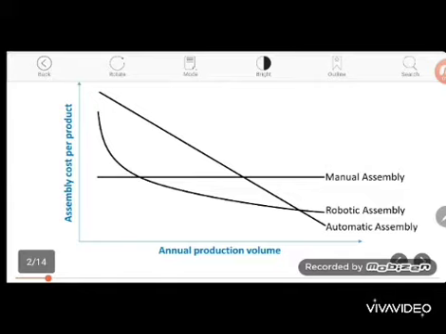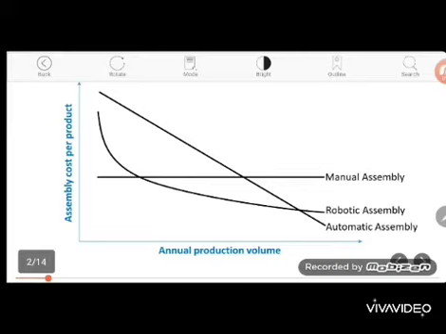What we can see from here is usually automatic assembly is applied when the assembly cost per product is higher, and the volume is also bigger.